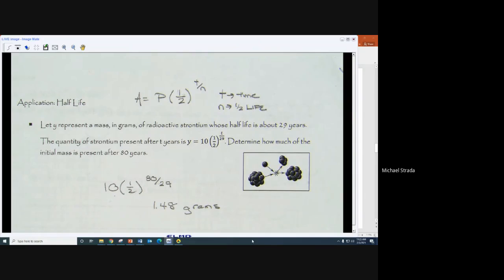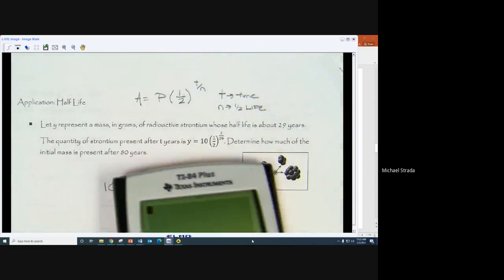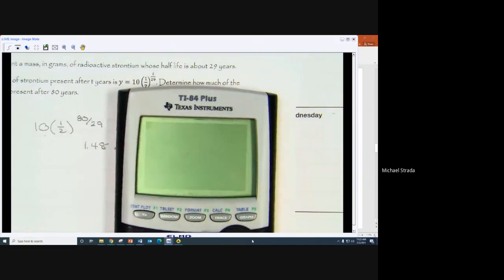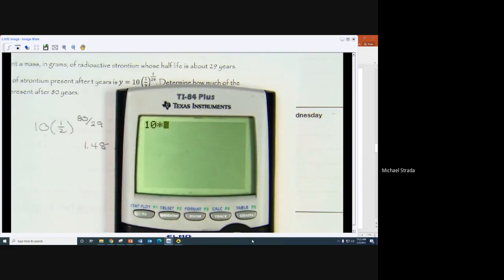You can either do 10 times 1/2 to the 80 divided by 29, and you can definitely put that in as a division problem. So 10 times 0.5 to the 80 divided by 29, and you'll see there is 1.48 grams left.